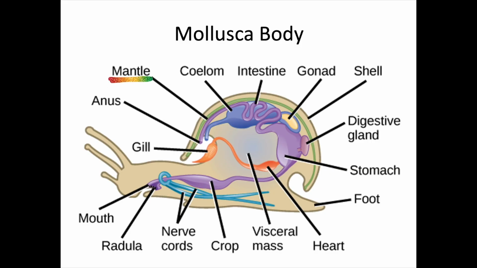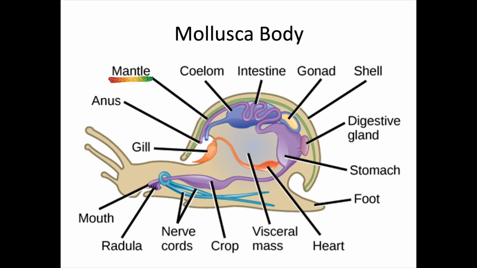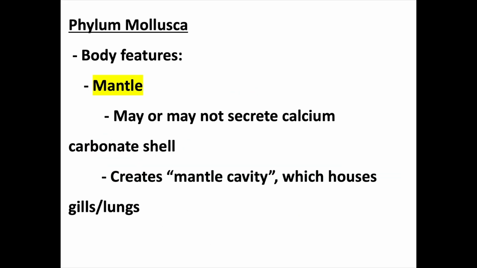In these shell-less mollusks, there's still a mantle there no matter what, whether there's a shell or not. So the mantle may or may not secrete a calcium carbonate shell. This also creates what's called a mantle cavity, which has gills or lungs, as the case may be. And so this is the mantle cavity. Sorry, it's not labeled on this one, but this would be the mantle cavity created by the mantle, and there's some gill in this particular snail.